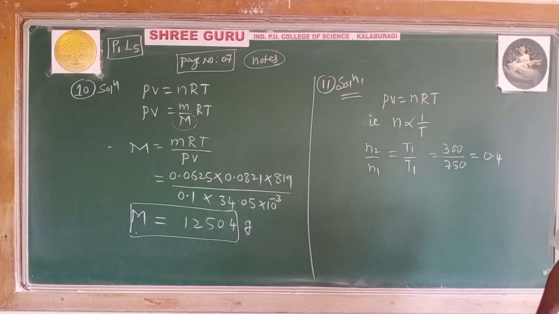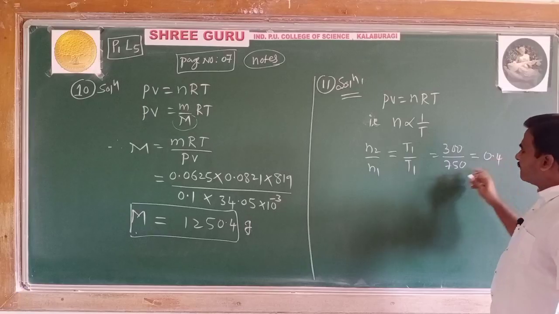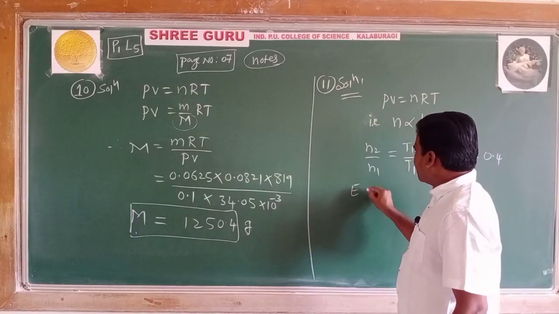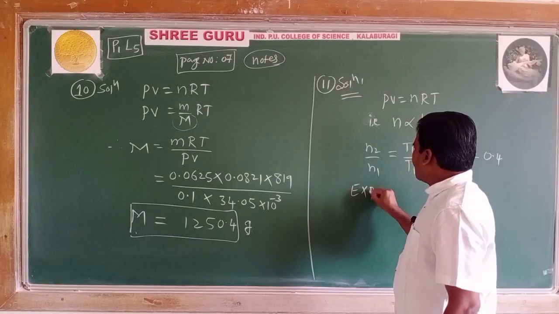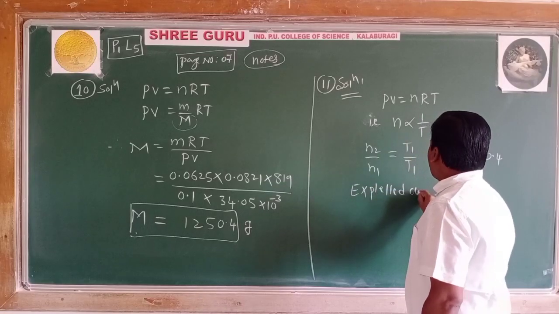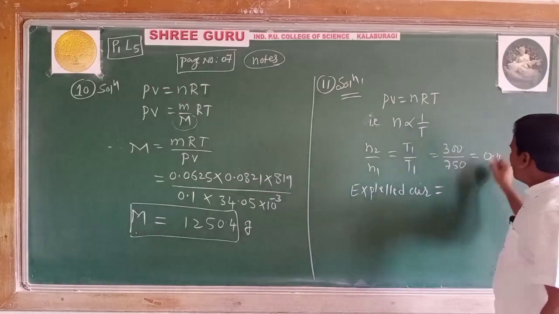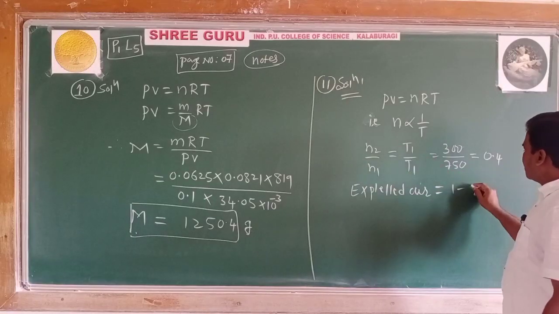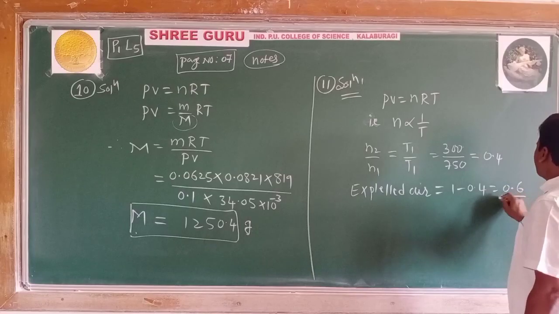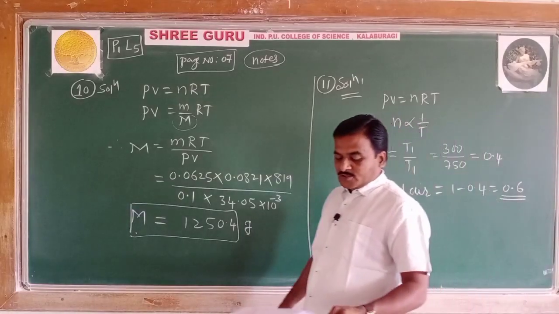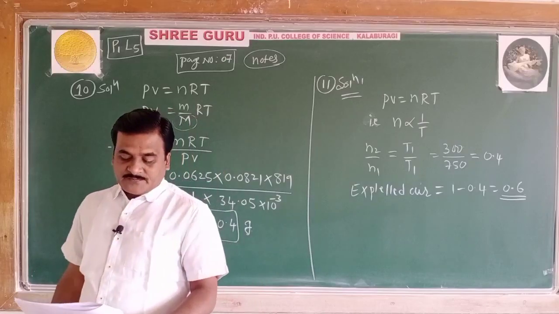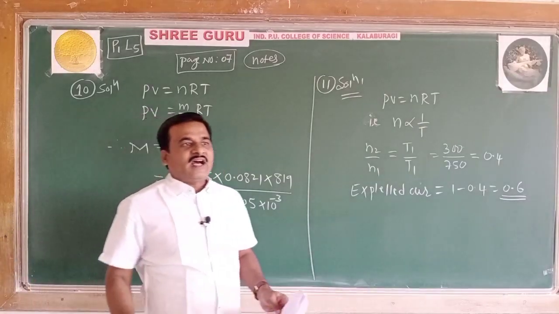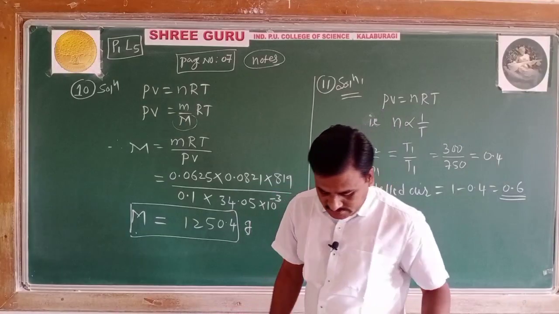Then what next? What fraction of air would be expelled out? N2 by N1 is 0.4. The air expelled is 1 minus the fraction of moles remaining, 1 minus 0.4, which equals 0.6. So 0.6 is the fraction of air expelled.